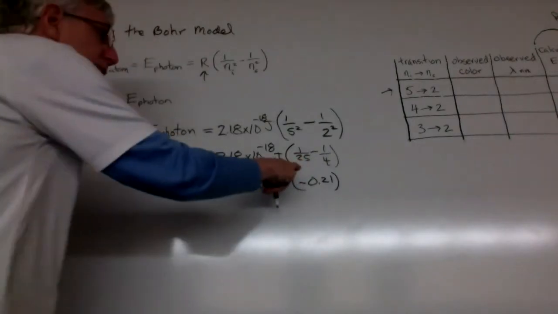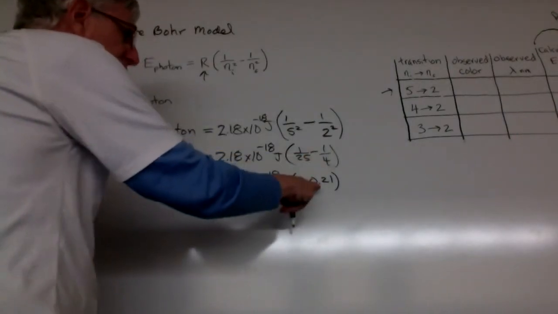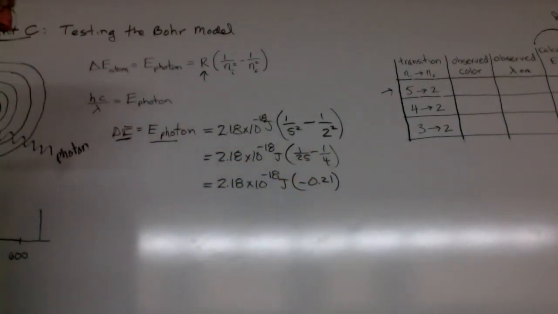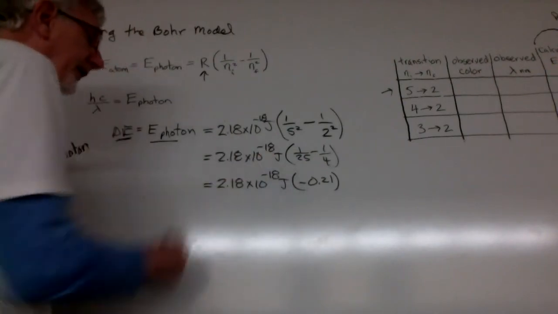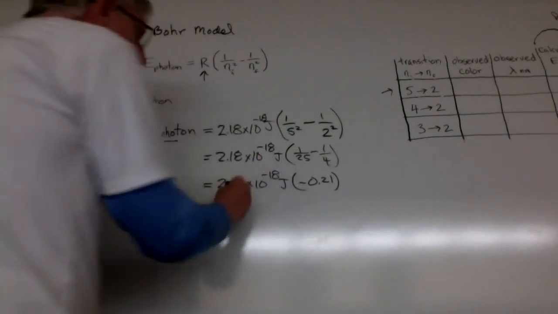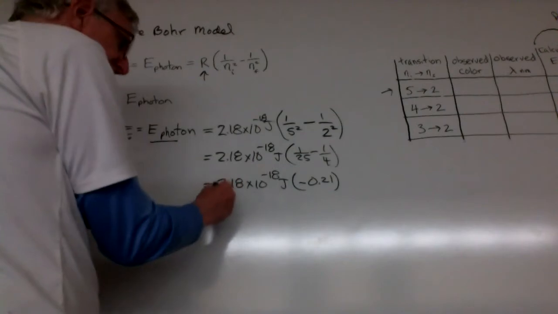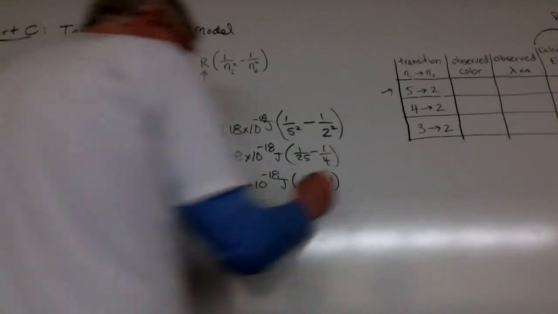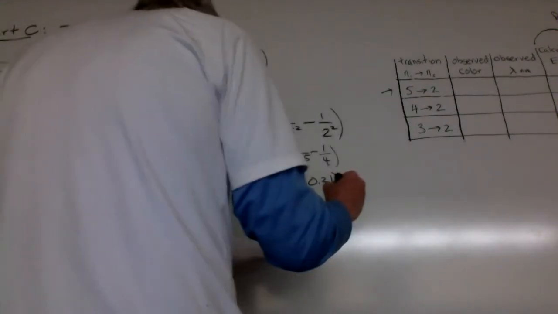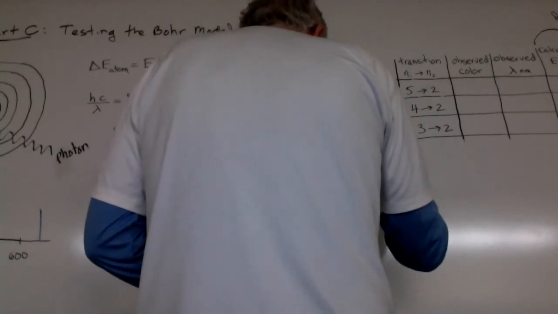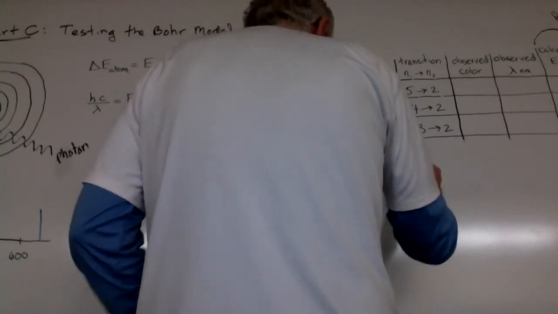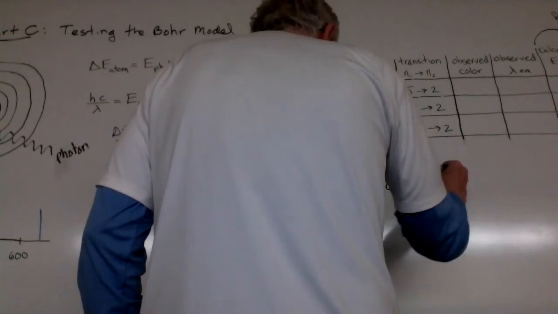That is, 1 over 25 minus 1 over 4 is equal to negative 0.21. And you multiply that through by the Rydberg constant, 2.18 times 10 to the negative 18, and we get 4.58 times 10 to the negative 19 joules.